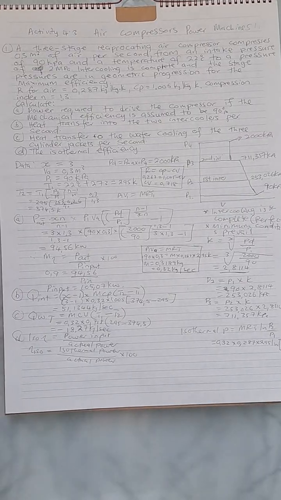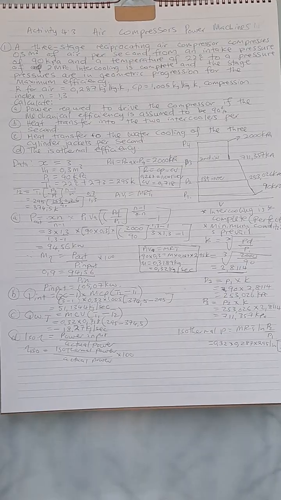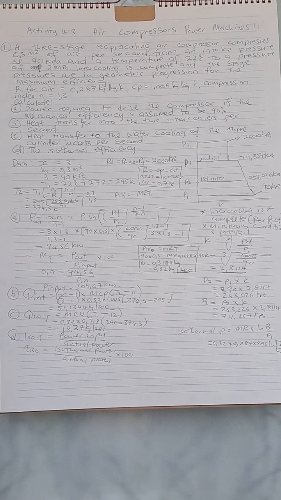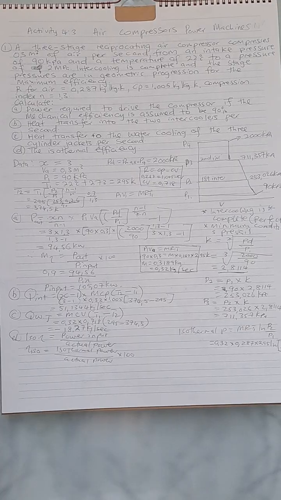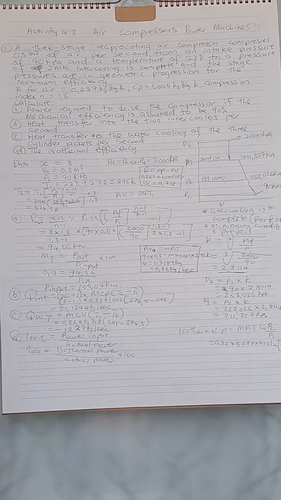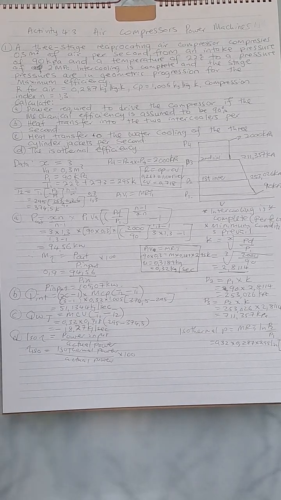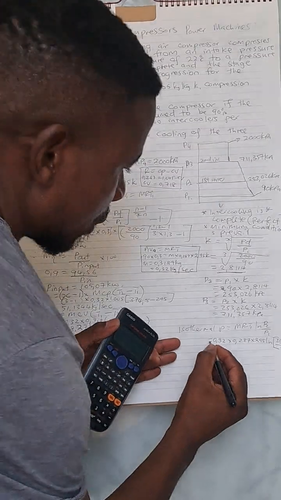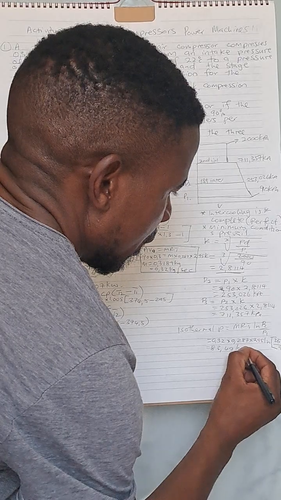So let's get our isothermal power, which is 0.32 times 0.287 times 295 ln of 253.026 divided by 90. I'm getting something like 83.49 kilowatts.